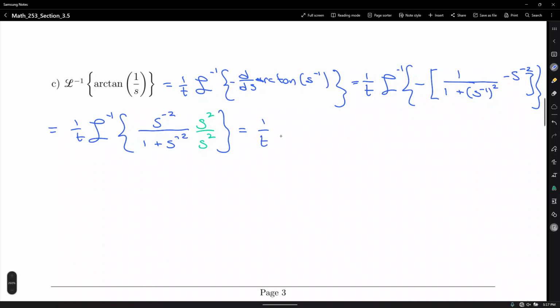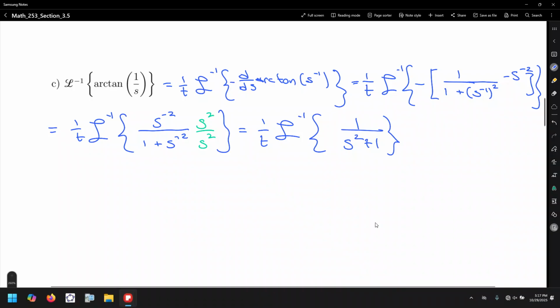So that is 1 over t inverse transform of 1 over s squared times 1, that is s squared, and s squared times s to the negative 2 is 1, plus 1. All right. And what is that equal to? What's the inverse transform of 1 over s squared plus 1?